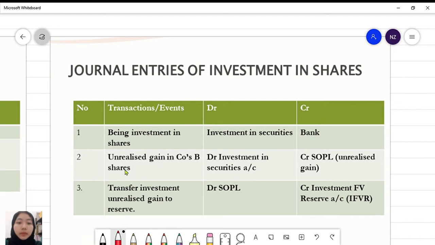So maybe from a transaction where we gain an unrealized gain in company B shares. Maybe because we bought shares in company B, we get an unrealized gain. So when we get the gain from the shares, we add this gain to our investment in securities. It's not like mudarabah. With mudarabah, if we get profit, we get cash directly. Same as sukuk, if we get profit, we get real money directly.